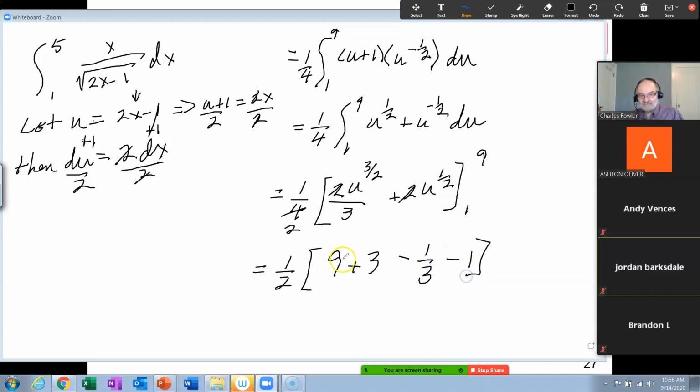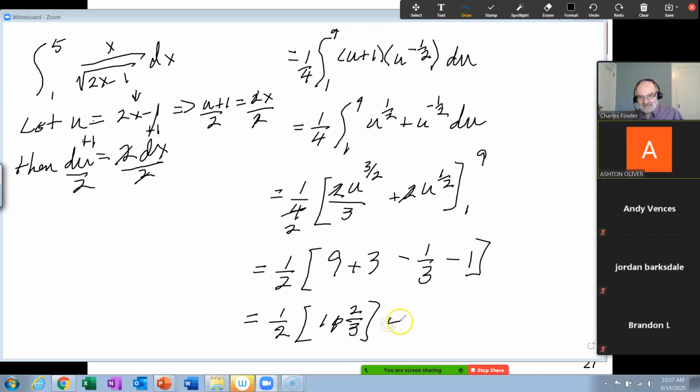Okay. Now the rest is just math. Unfortunately, it's math with fractions, so let's do it. That would be 1/2 of, well, 9 minus 1 is 8 plus 3 is 11. Minus 1/3, that would be 10 2/3. Now I'm doing it as mixed numbers.